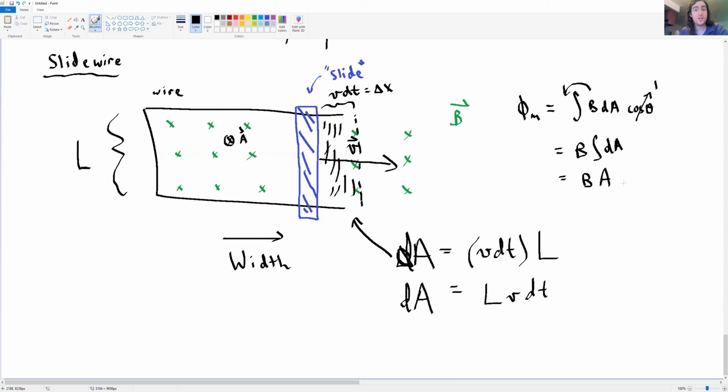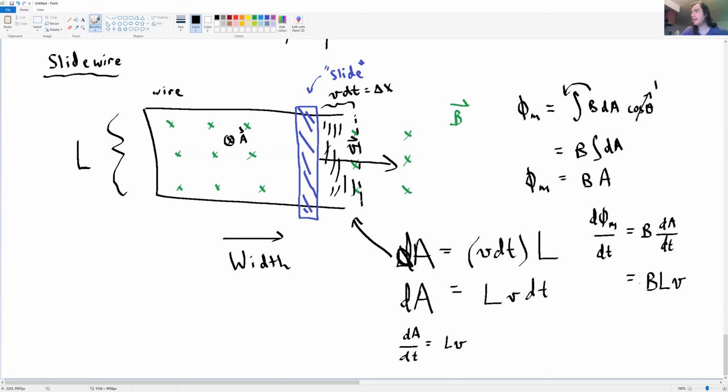Now, the area is changing. So when we take the derivative of the magnetic flux, then we'll have the derivative of A, which from here, dA/dt is equal to LV, right? So the derivative of the magnetic flux with respect to time, the magnetic field is not changing, so it's B times dA/dt. And of course, dA/dt is LV.